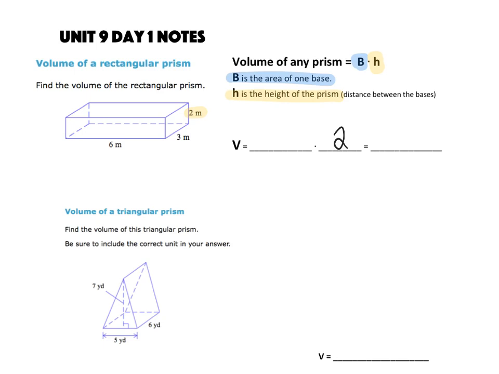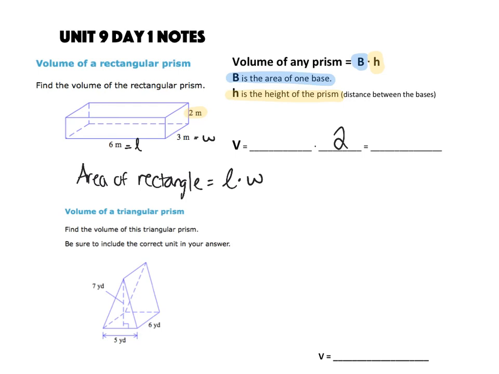So remember that the area of a rectangle, since this is a rectangular prism, is length times width. So here we have a length of 6 and a width of 3 at the bottom of our prism.